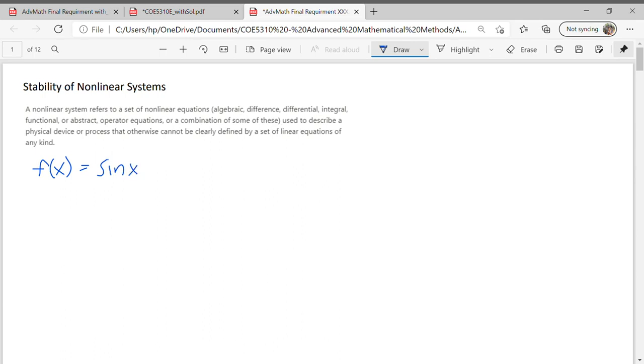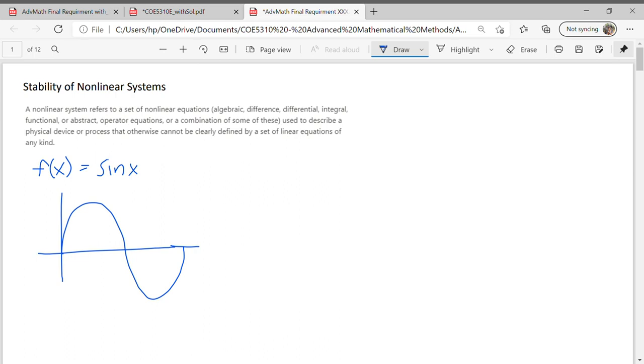So we know that sin x is nonlinear, right? And in graphical form, it looks like this. So it is definitely a wave, a nonlinear one.